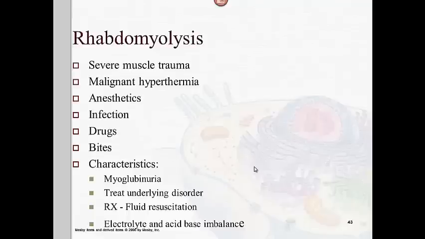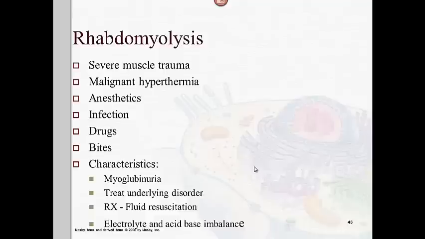Rhabdomyolysis may cause renal failure. There is accumulation of myoglobin in the kidney tubules. Haptoglobin binds the myoglobin and basically is eliminated through the urine. That myoglobin in the urine concentrates the urine, producing destruction of the nephron as the kidney reabsorbs or tries to reabsorb the myoglobin.